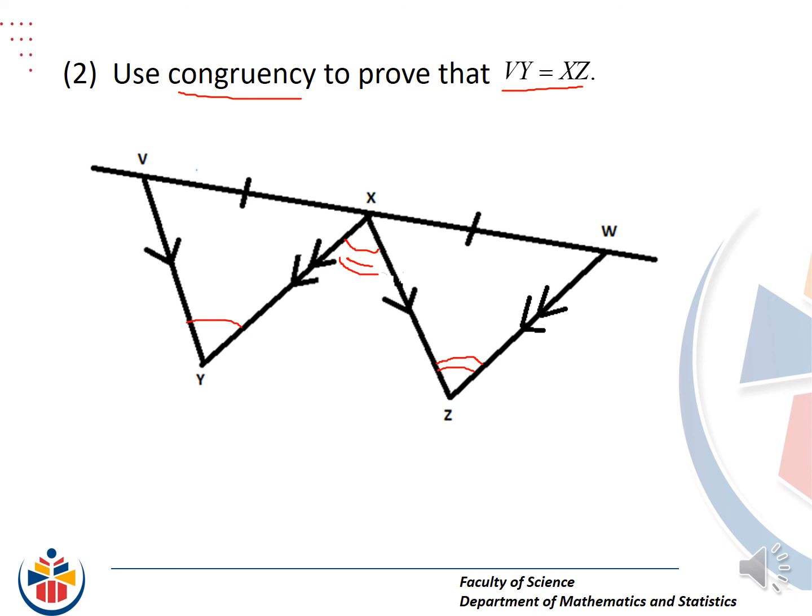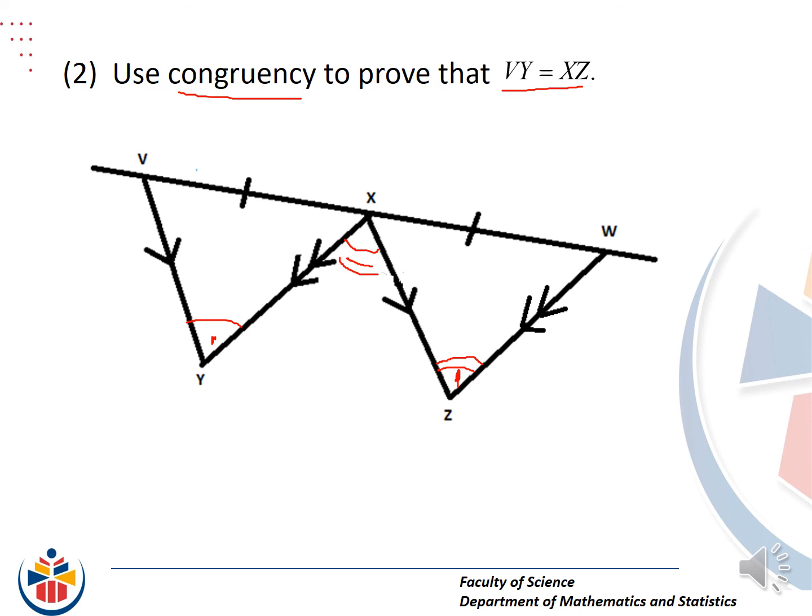So that means both these angles, angle Y is equal to angle YXZ, and angle Z is also equal to angle ZXY. So these two angles, angle Y and angle Z, are equal. So I have an angle and a given side.